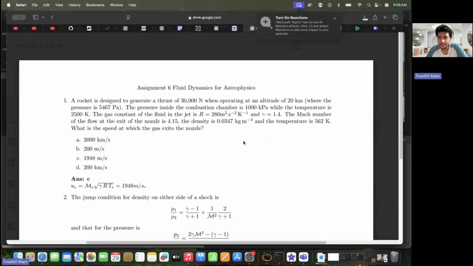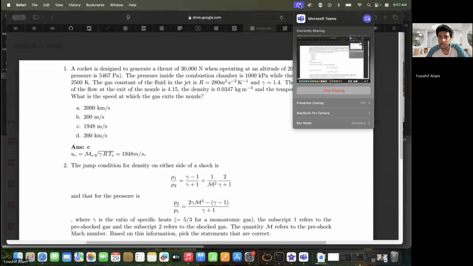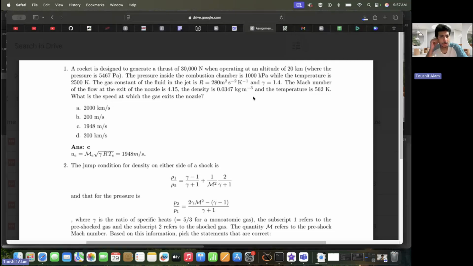Question number 1: a rocket is designed to generate a thrust of 30,000 Newton, operating at an altitude of 20 kilometers, where the pressure is 5467 Pascal.